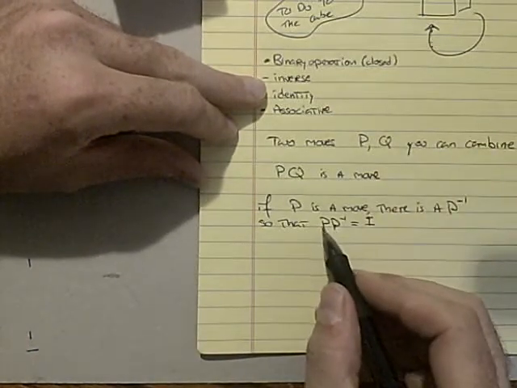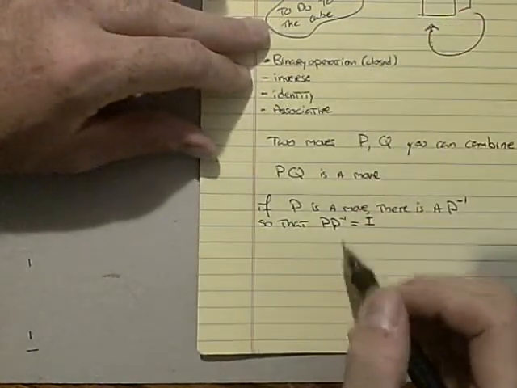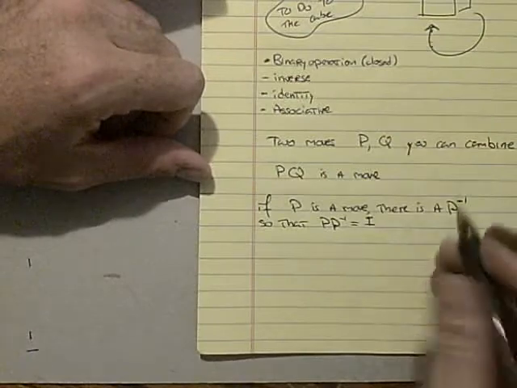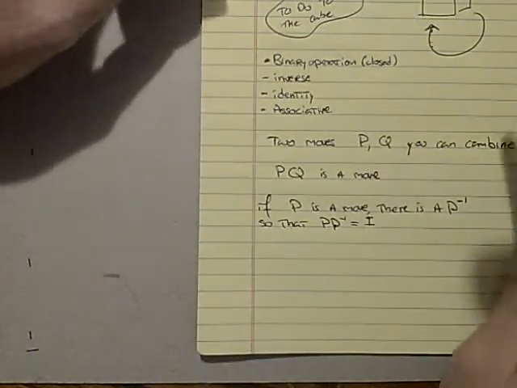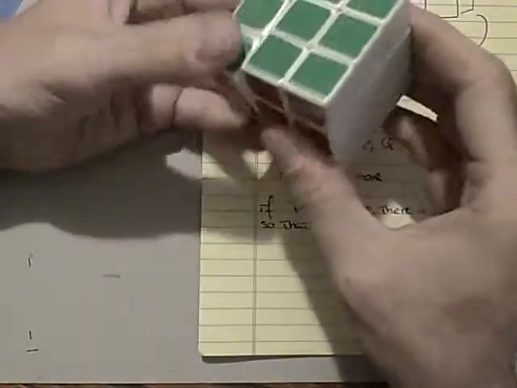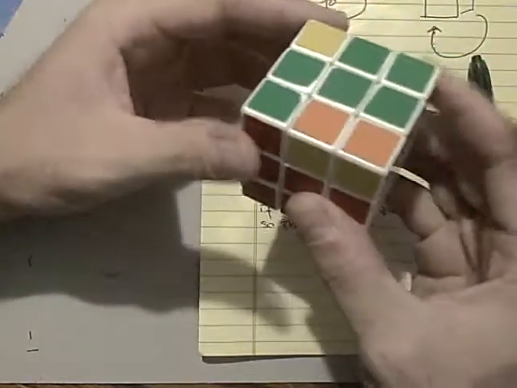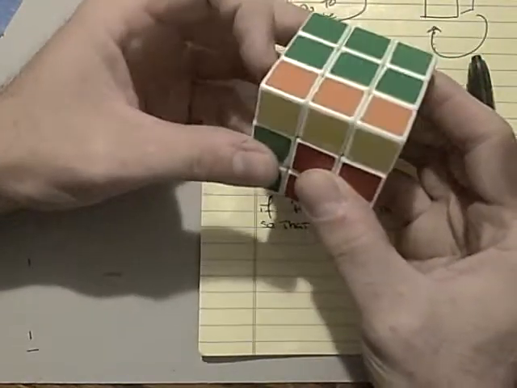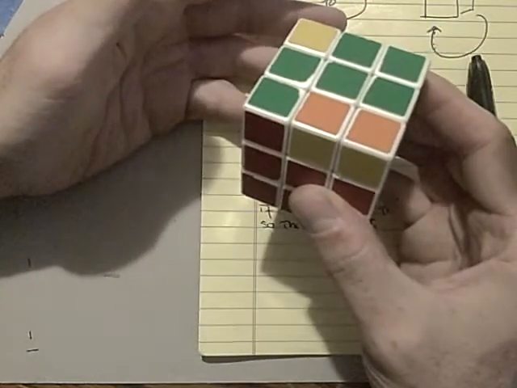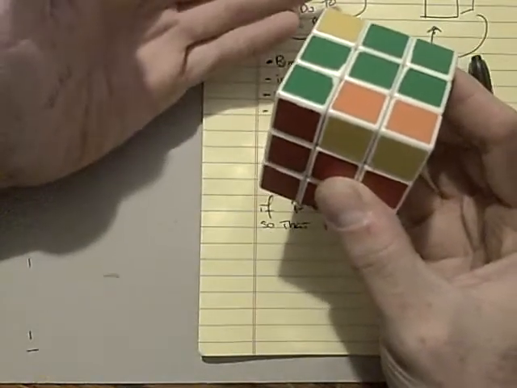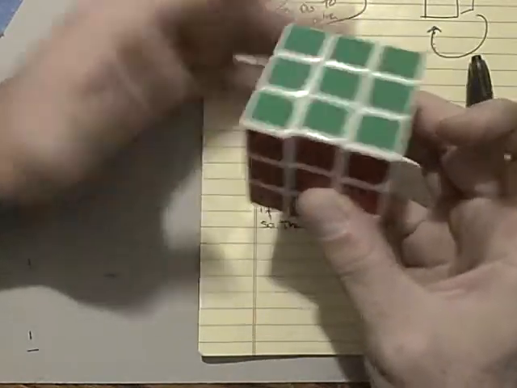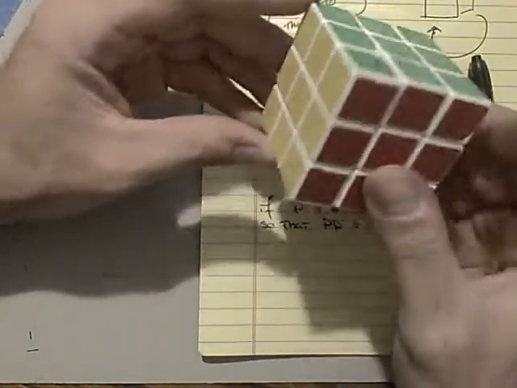And each element in your group has to have an inverse so that when you multiply them or concatenate them, you have the identity. So anything you do, say this move, right? I should maybe say what that is. So if I did an L, U, L prime, of course I can always do that backwards. I can do an L, U, L prime, and it brings me back to the initial state that I was in.